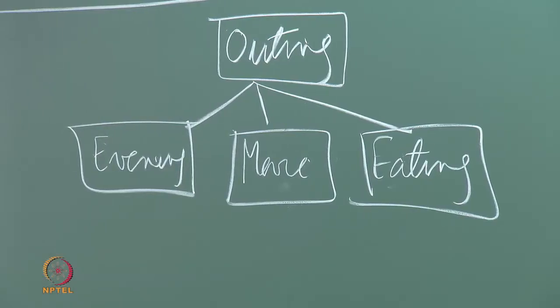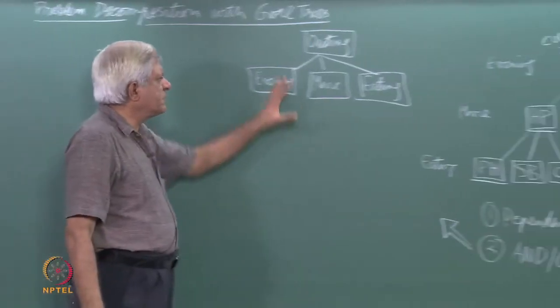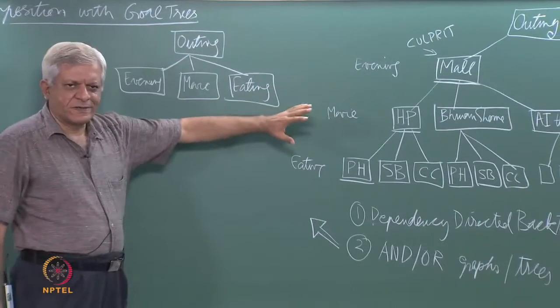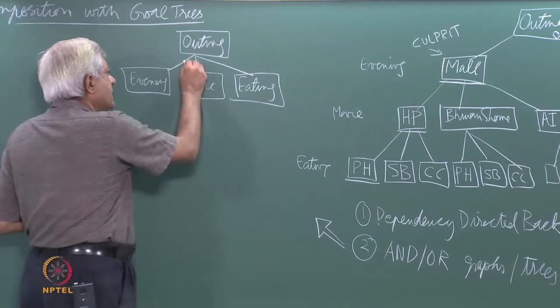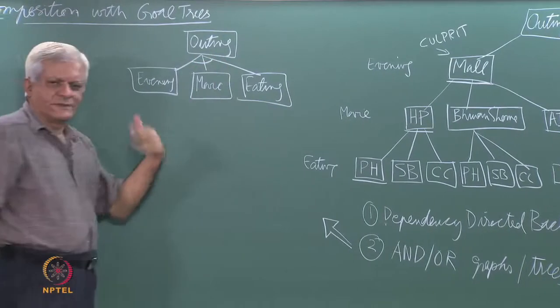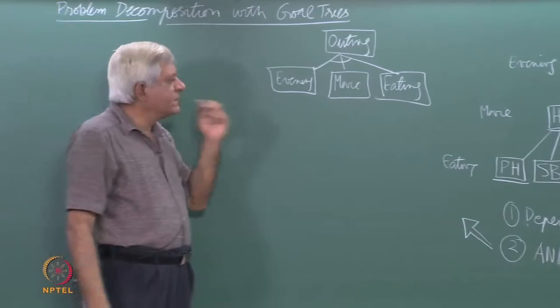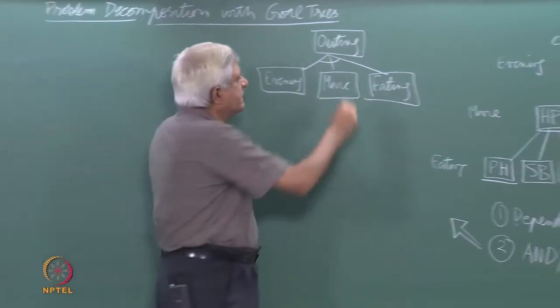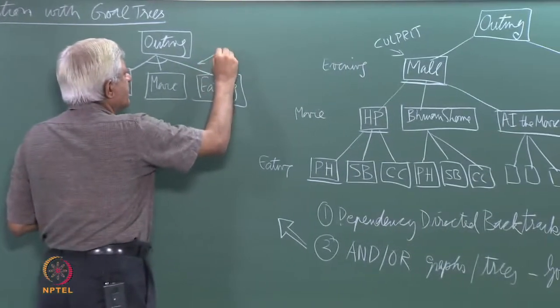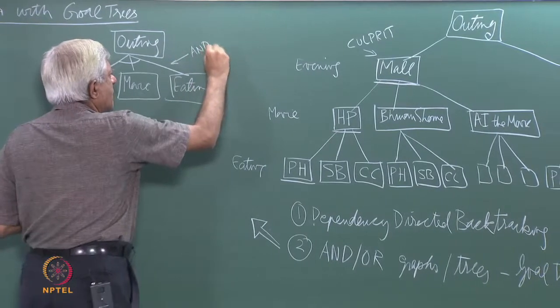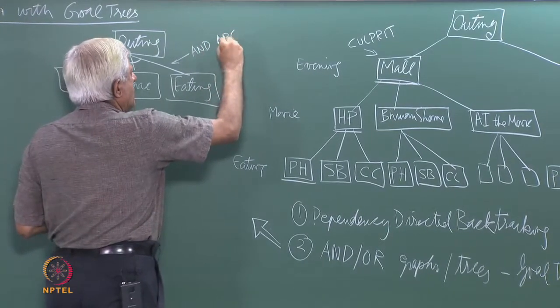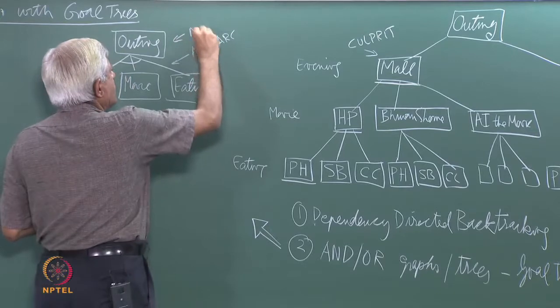So, this is a different representation, and to distinguish between this sort of a tree and that sort of a tree, we put an arc here for our benefit, and such an arc is called an AND arc, and such a node is called an AND node.